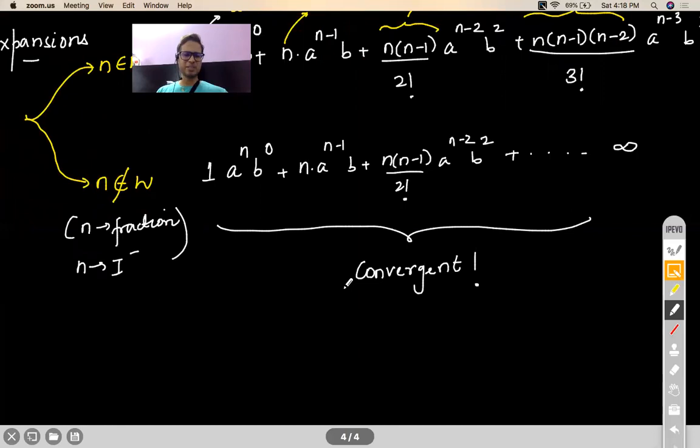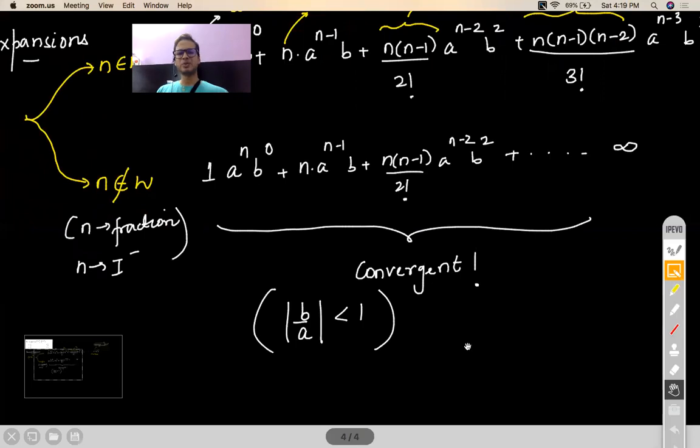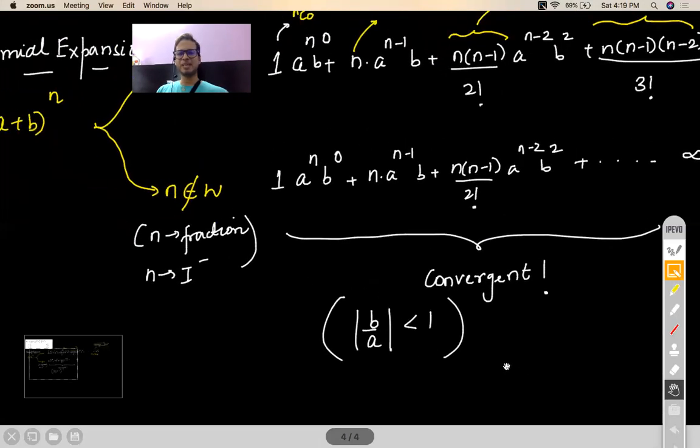That is something we will talk about later on. But I just want to tell you, for this series to be convergent, mod of b by a should be less than 1. Just note this down. Nothing very important for you, you will probably never be able to use it. Just make a note of it. If anybody is planning to take AP Calculus BC, probably they will come across this concept. But otherwise, this is not of that much use.